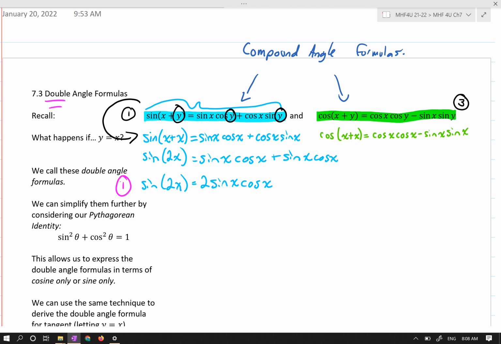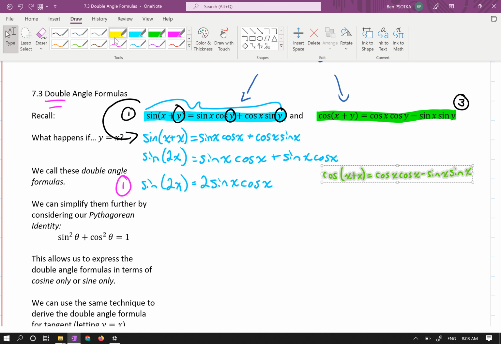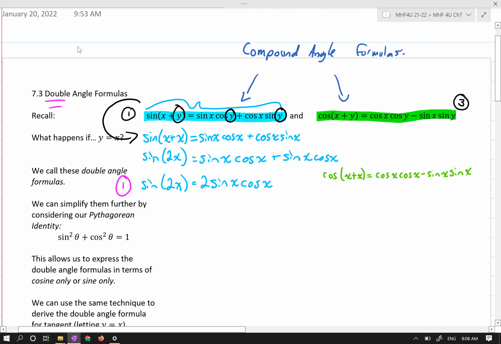Now, if that's the case, we can follow the same logic that we just used on our equation 3 from yesterday, and that is our cosine equation. Now I'm just going to move this down so it doesn't overlap with my other work, but we'll work in green over here, where the cosine of x plus y is equal to the cosine of x times the cosine of y minus the sine of x times the sine of y.